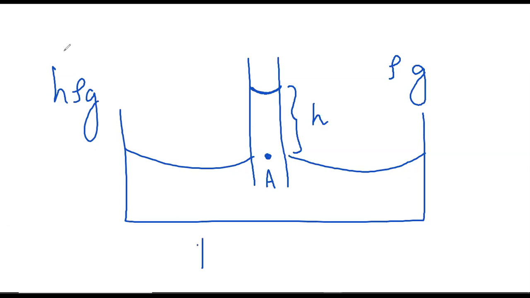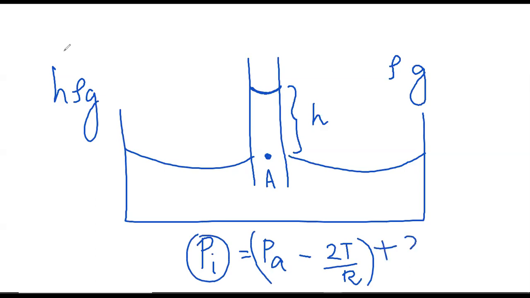But what did we see? We saw PI is equal to PA minus 2T by R. So how much did I want it to increase? I wanted the pressure inside to increase by 2T by R, so that the pressure at this point becomes equal to the pressure at this point, which is PA.